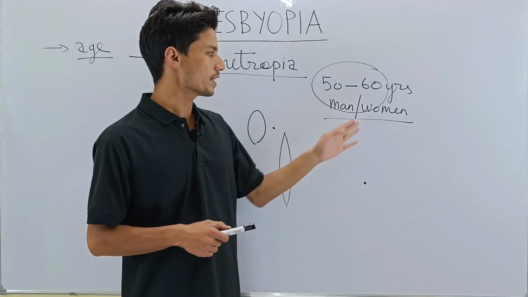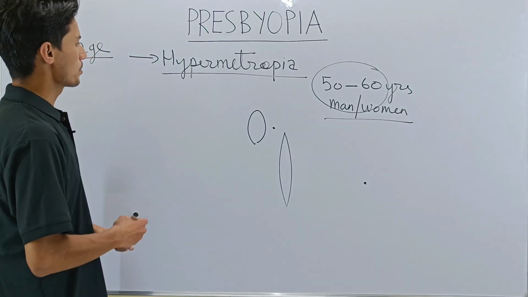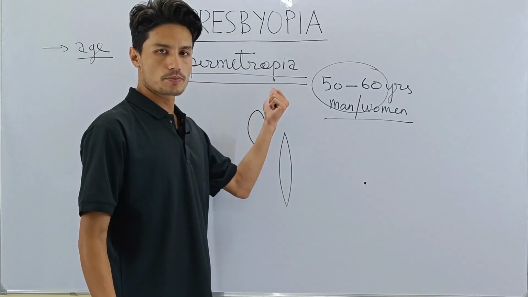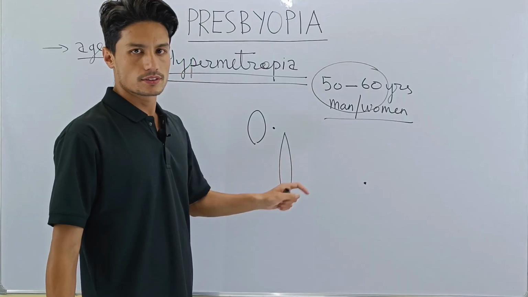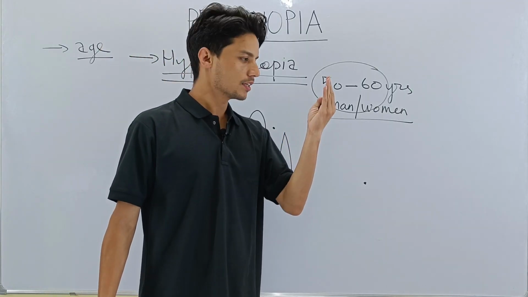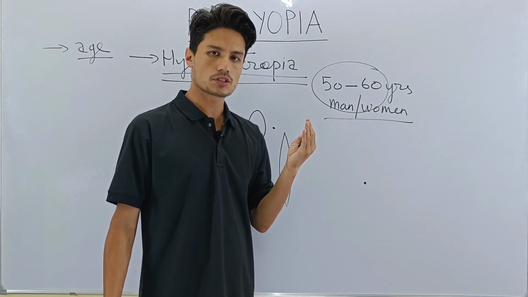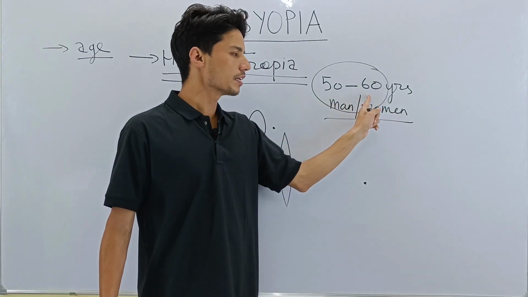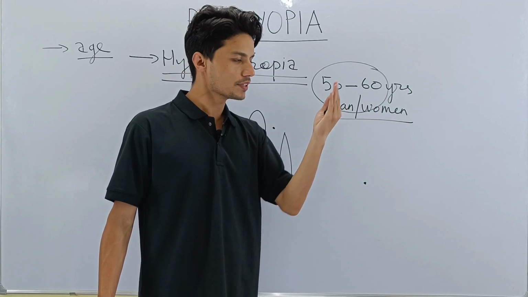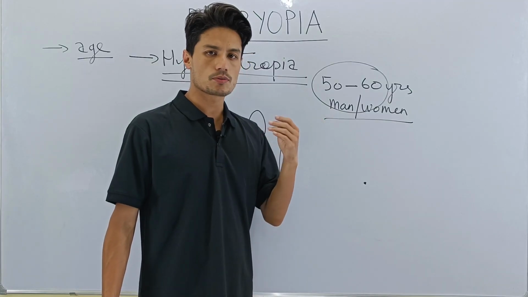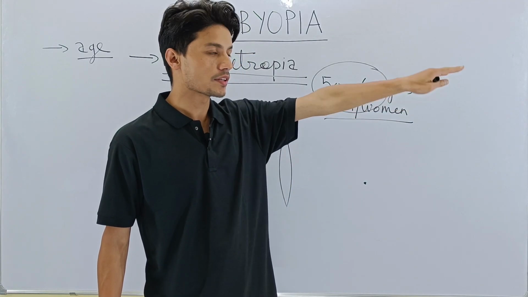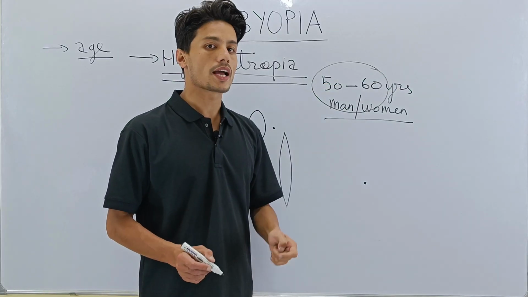This is why it is also known as old age hypermetropia. It's hypermetropia, is it not? What is hypermetropia? In hypermetropia, the person has problems seeing near, but has no difficulty seeing far. Similarly, here the elderly man is having problems reading the newspaper, whereas he has no problem spotting the car which is roughly maybe 100 meters away or 500 meters away on the highway.